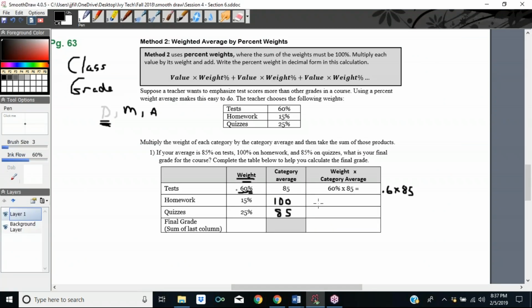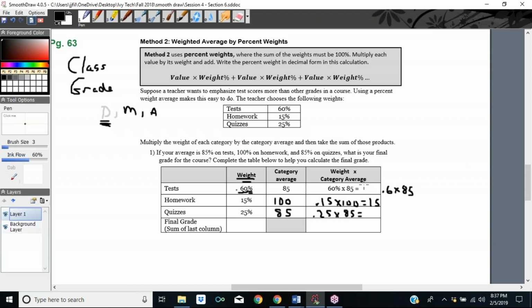So let's see. Next I would do 0.15 times 100. And then we would be doing 0.25 times 85. So let's see what these are.